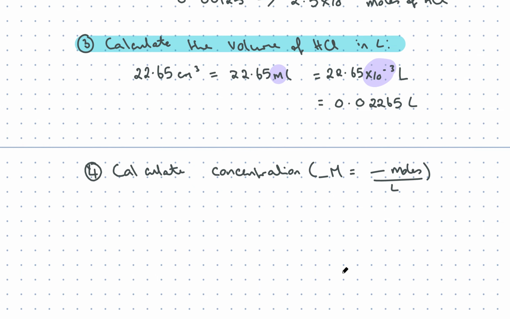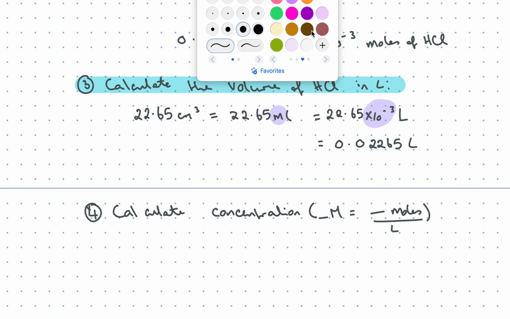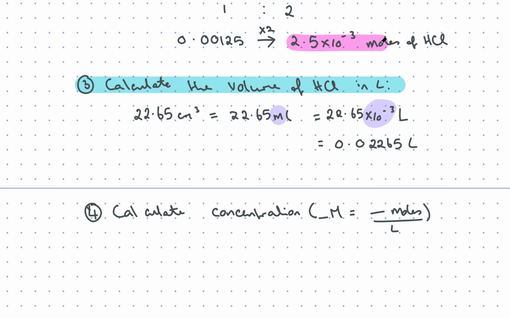Okay, so all I'm going to do now is create a fraction where I have the number of moles that I had, which was up here. So I'm going to give it a colour so you know where it's coming from. So this pink number here is the number of moles. That's going to go here. So let's write that in. We have 2.5 by 10 to the minus 3. And I'm then going to write that all over the number of litres that I actually used.